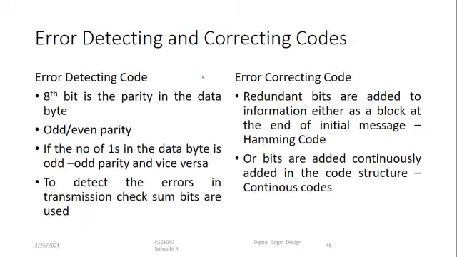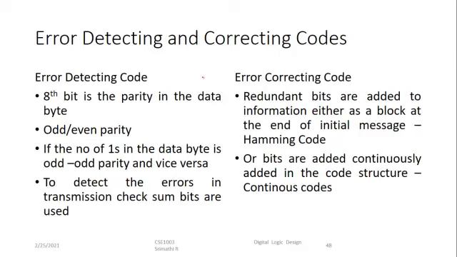And the error detecting codes, I'll just brief you; go through these by yourself as an assignment. Error detecting and correcting codes: usually the 8th bit is the parity bit. The parity bit depends on whether you have an even or odd number of ones in the result, accordingly called even parity or odd parity.